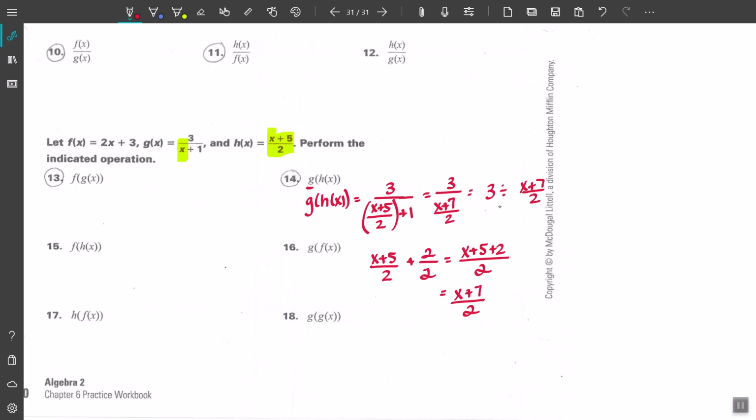If we are dividing two fractions, in this case a whole number by a fraction, we change the division sign to a multiplication sign, and we reciprocate the fraction after the division sign. From here, we know 3 is really over 1, so we multiply the numerators, multiply the denominators: 2 times 3 over x plus 7 over the 1 that does exist under the 3 there, and that is our final answer.